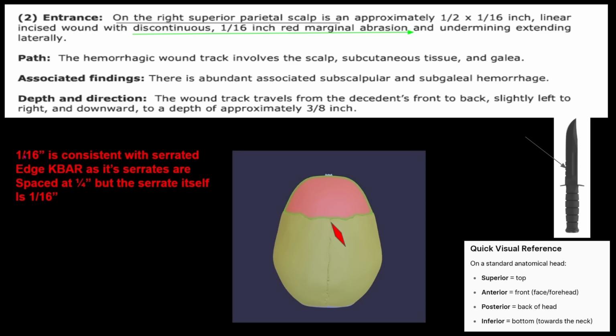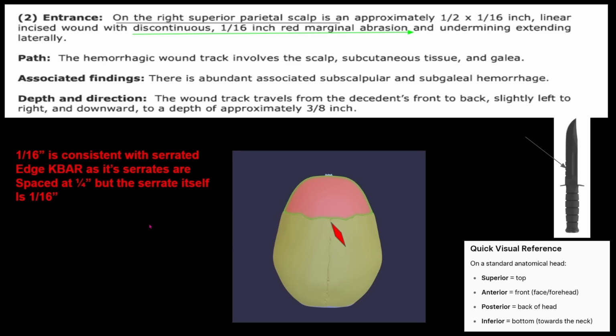And 1/16 is consistent with the size of the serrations on the K-bar. I've double checked. They're 1/16 and they're spaced out at 1/4 inch, but the actual serration itself is 1/16. So a partially serrated K-bar is consistent with a lot of these wounds.